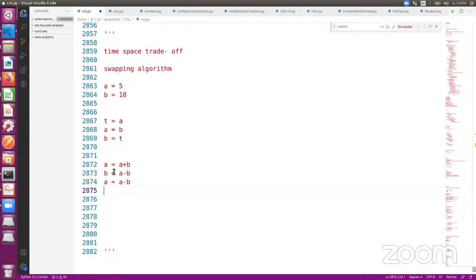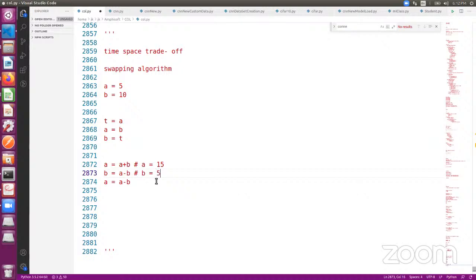Okay, so now what happens here? What is A plus B? Now the value of A is 15, right? So A plus B. Now B is equal to A minus B. Now the value of B is 15 minus 10, which is 5. So B is equal to 5.